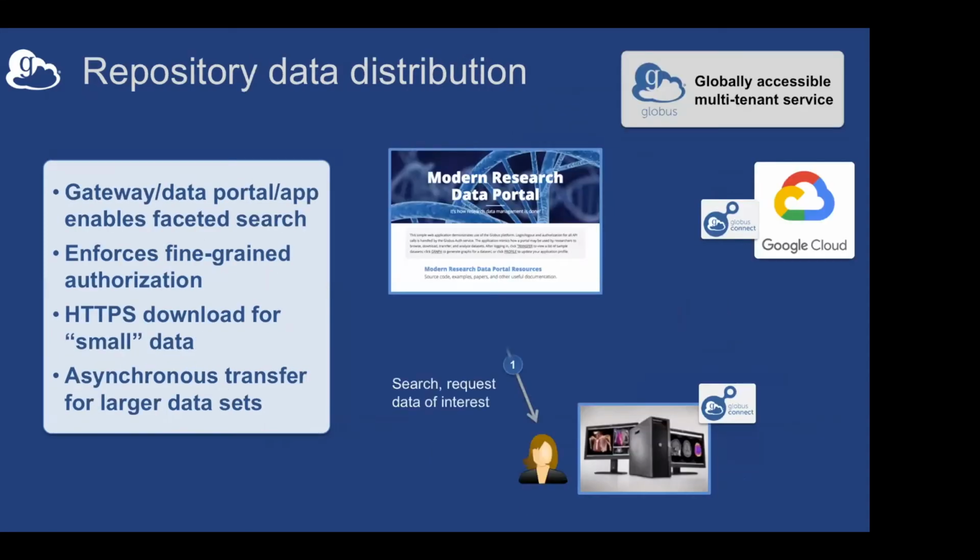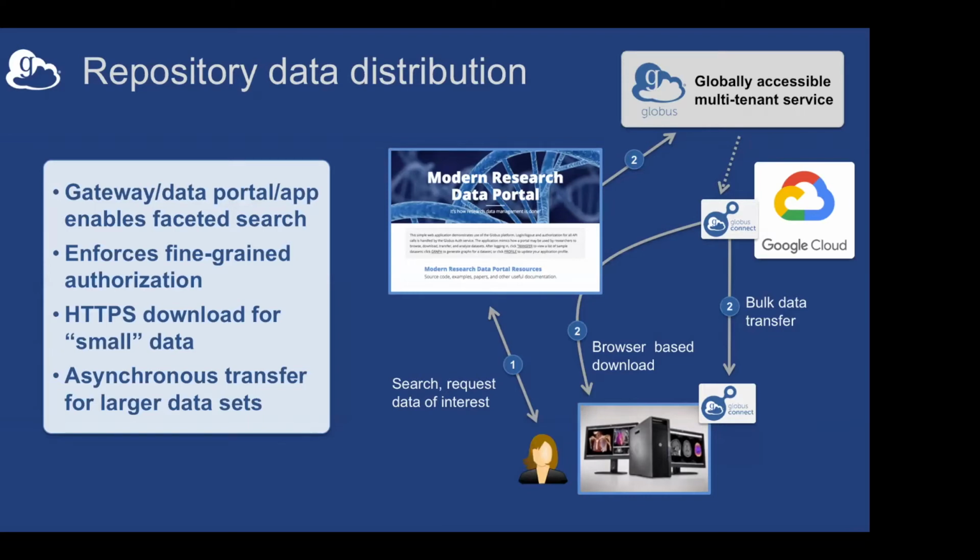And another common example is perhaps downstream in the research workflow. You might have some data that you want to publish through a gateway, a science gateway, or a data portal, or some other type of app. Again, where you will have a diverse set of folks coming to access that data.